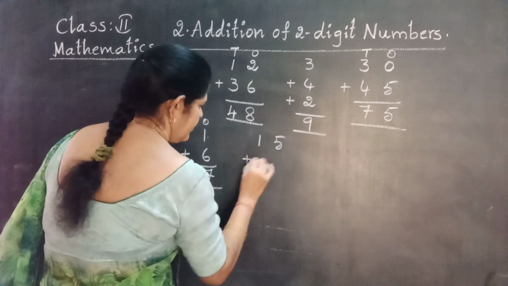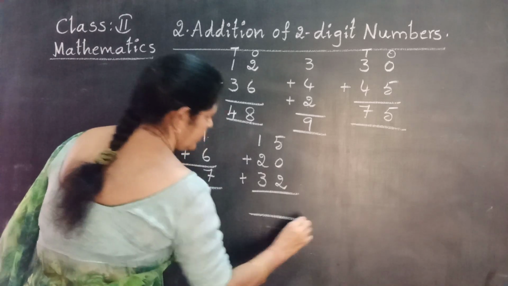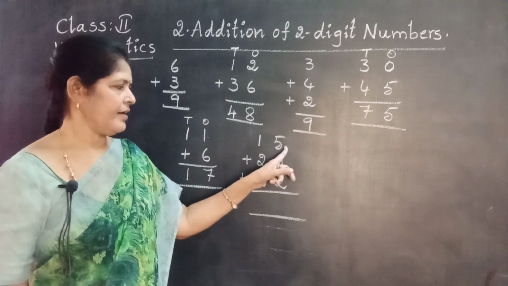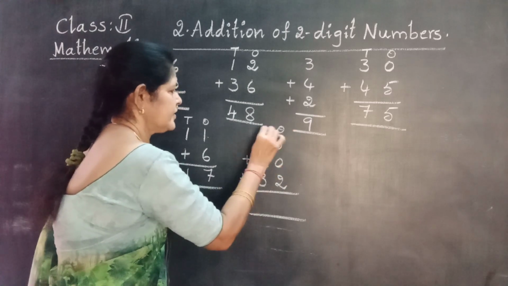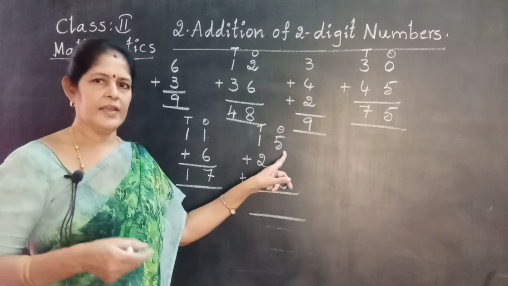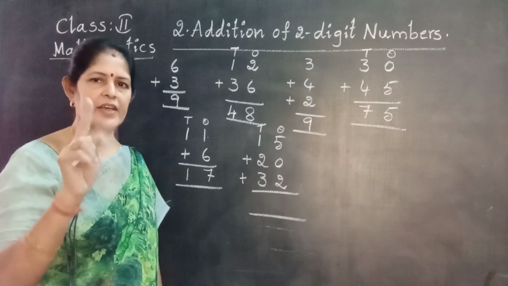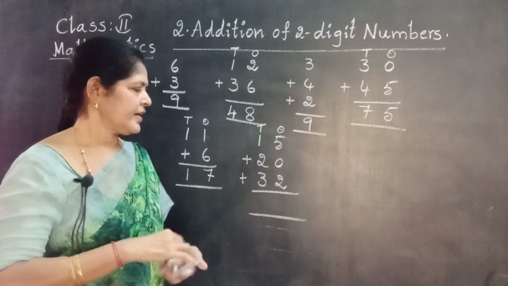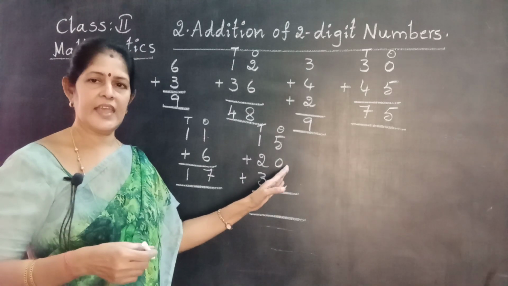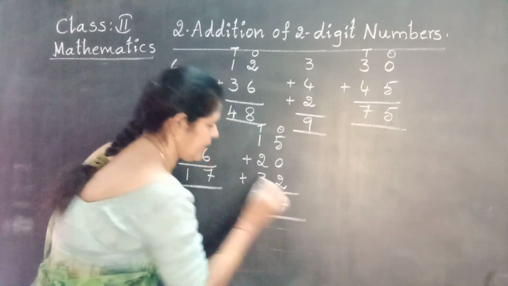Another example. 15 plus 20 plus 32. Start with the ones column. 5 plus 0, same number, 5. Take 2 fingers, 5 after: 6, 7. 0 means nothing, leave 0 and add these two numbers. 5 and 2 make 7, write in the ones place.